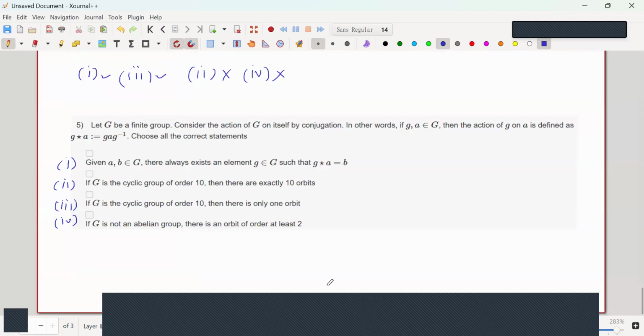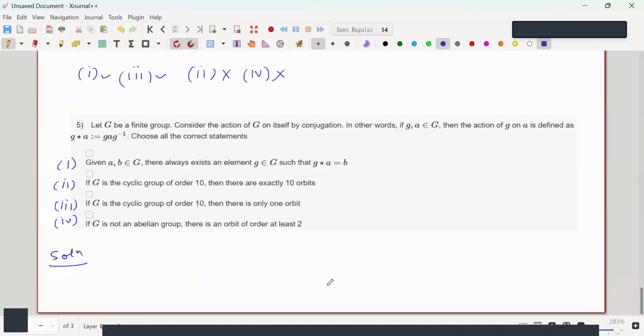You're absolutely correct. Take a to be the identity of the group, then g star a is just g star identity of the group, which is g, e_G, and g inverse.